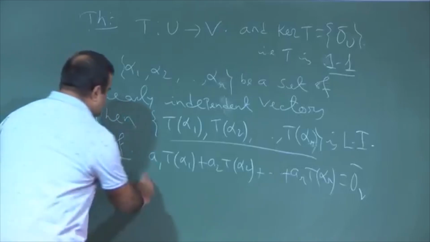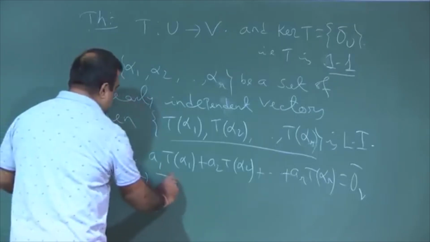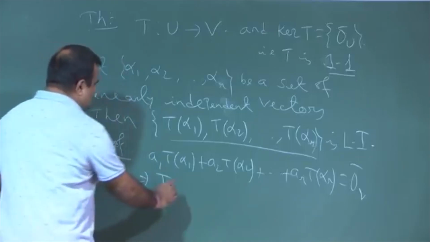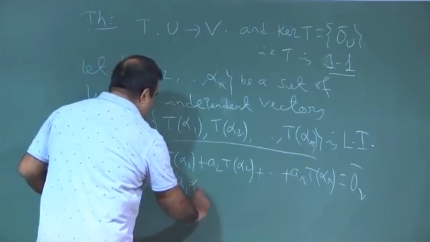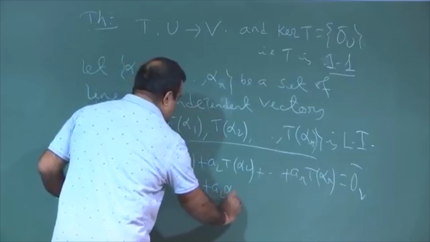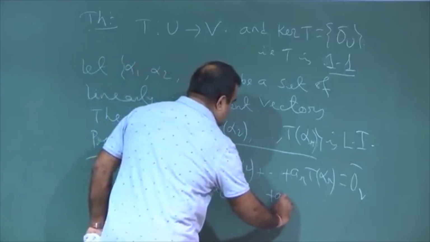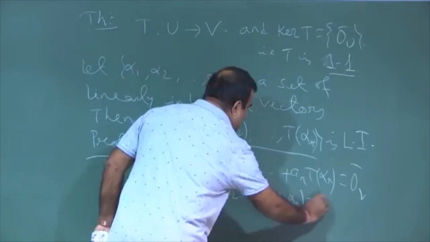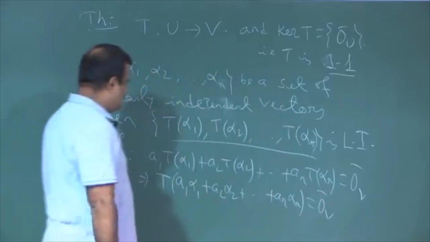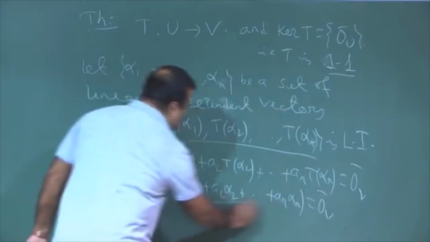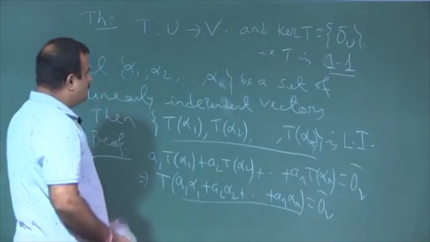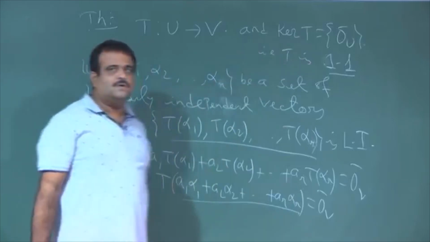So, from the linear transformation properties of T, this implies T of a 1 alpha 1 plus a 2 alpha 2 plus up to a r alpha r is equal to 0. So, now this must belong to the kernel of T, but the kernel of T only consists of the 0 vector.